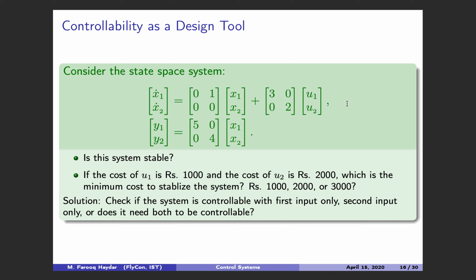For example, you know that if one engine of a passenger jet fails even at takeoff, it should be able to take off. So it is designed in such a way. We need to design an airplane such that even if one of the actuators fails, so that only U1 is available, or if the first actuator fails, so that only U2 is available, then this tells us if the system is controllable with the first input only or the second input only. So it will tell us how critical our selection of actuators is. We should always have some extra actuators because they may fail sometime.